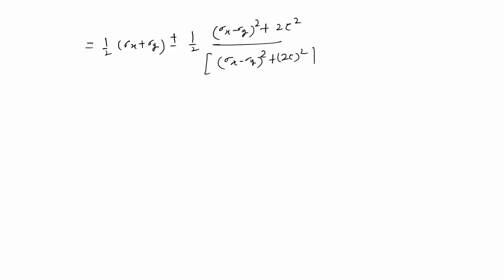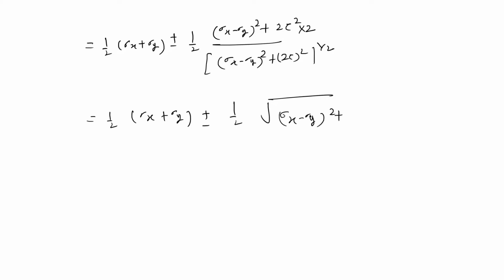This is multiplied by 2 because we put 1 by 2 here, so this becomes 4 tau square. Now if we solve this, we get 1 by 2 sigma x plus sigma y plus minus 1 by 2 square root of sigma x minus sigma y whole square plus 4 tau square.